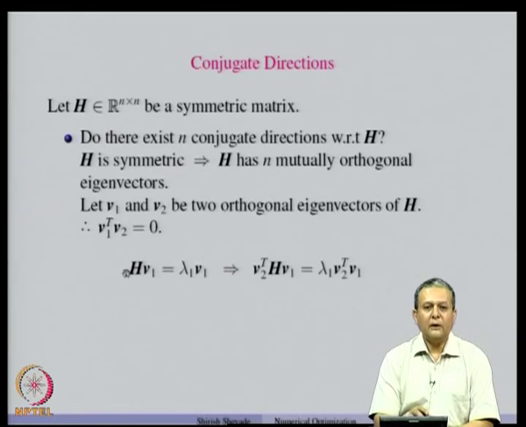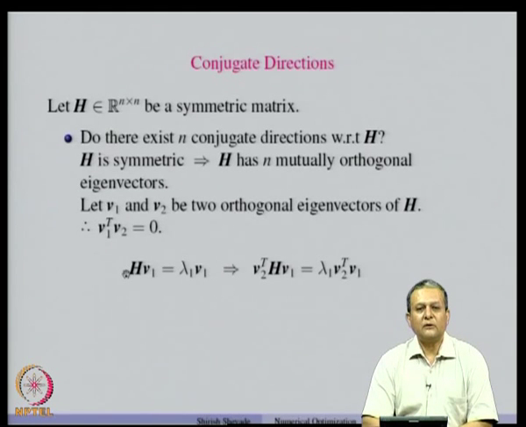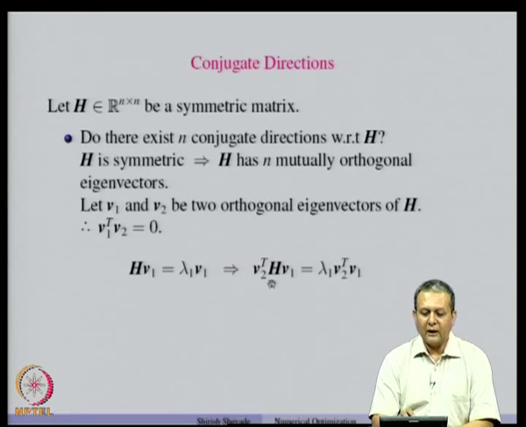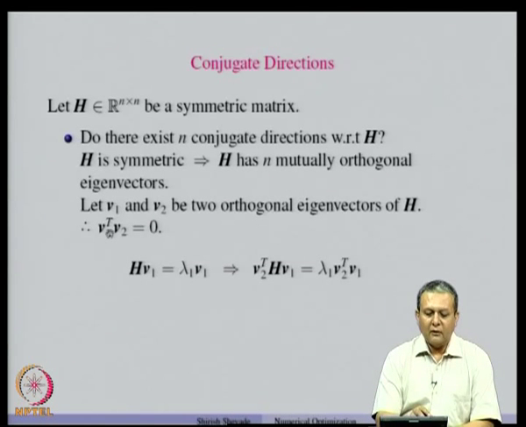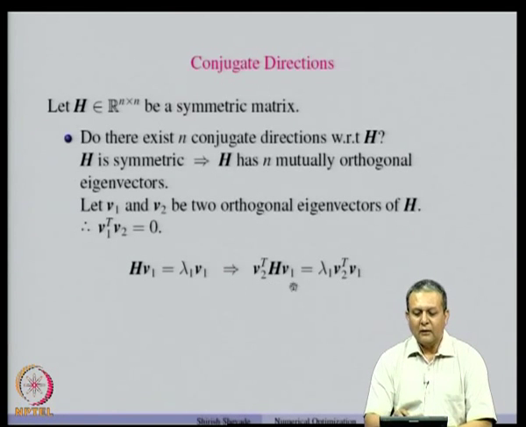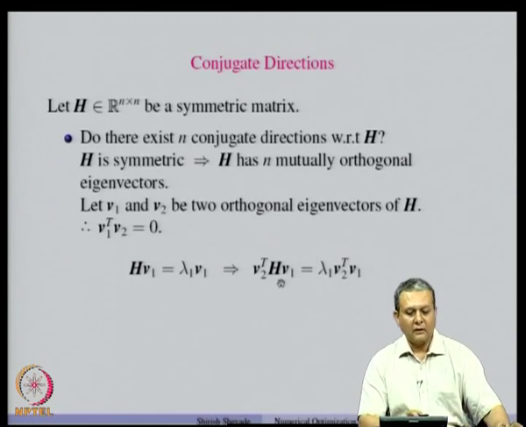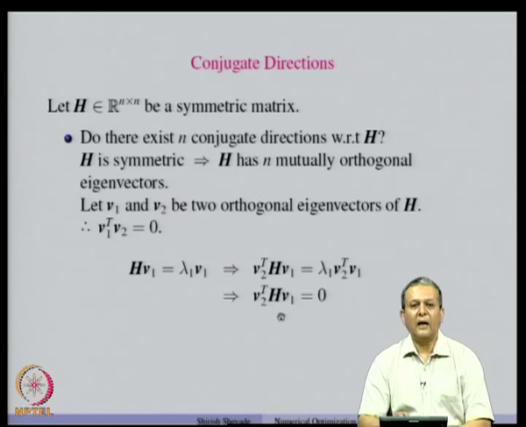Now, if you multiply it throughout by V2 transpose, what we get is V2 transpose HV1 is equal to lambda 1 into V2 transpose V1. But we know that V1 transpose V2, which is nothing but V2 transpose V1, is 0. So, that means that V2 transpose HV1 is equal to 0, and V1 and V2 are linearly independent, and V2 transpose HV1 equal to 0.